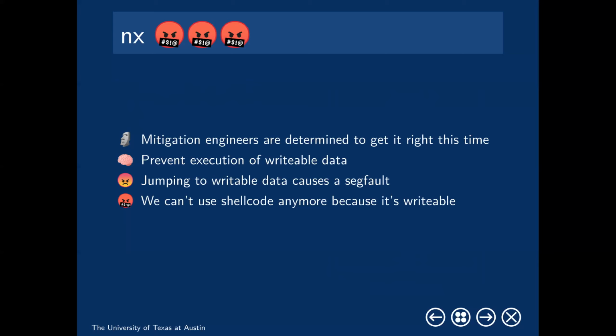If data is writable and we try to execute it as an instruction, we just immediately segfault. So now we can't use shellcode, because we have to be able to write the shellcode in the first place. This is called NX or DEP.